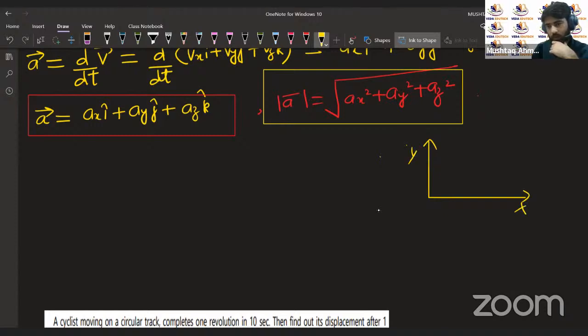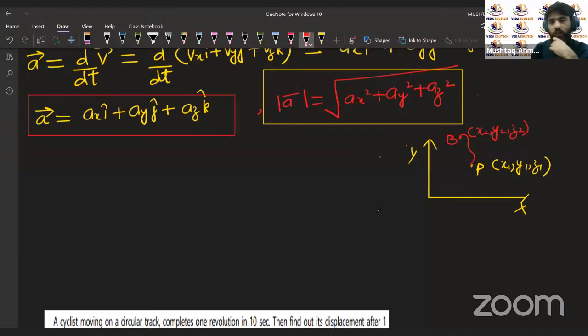And let's suppose that the particle was initially at position P, and at this position the coordinates of P are x1, y1, and z1. Let's suppose this particle changed its position to some point P, and at this point the coordinates of this particle are x2, y2, and z2.